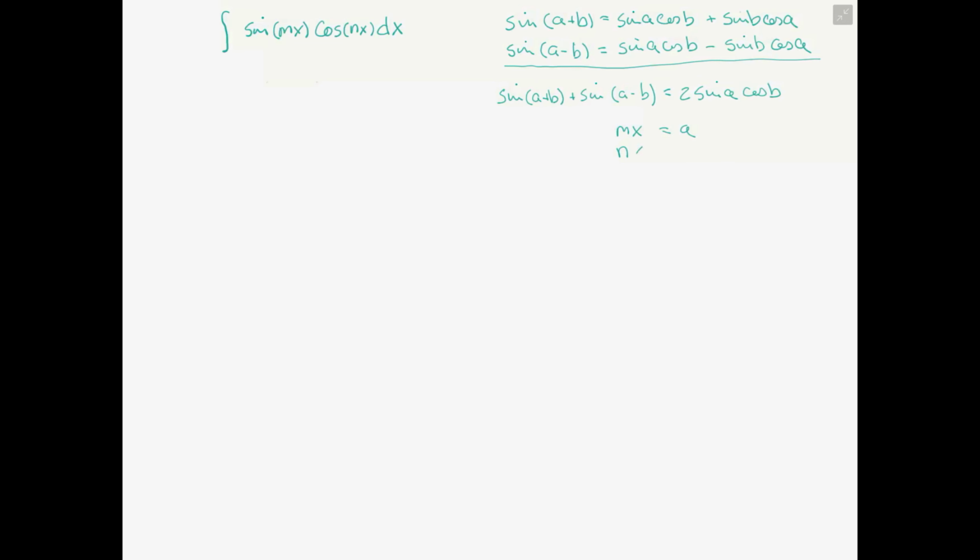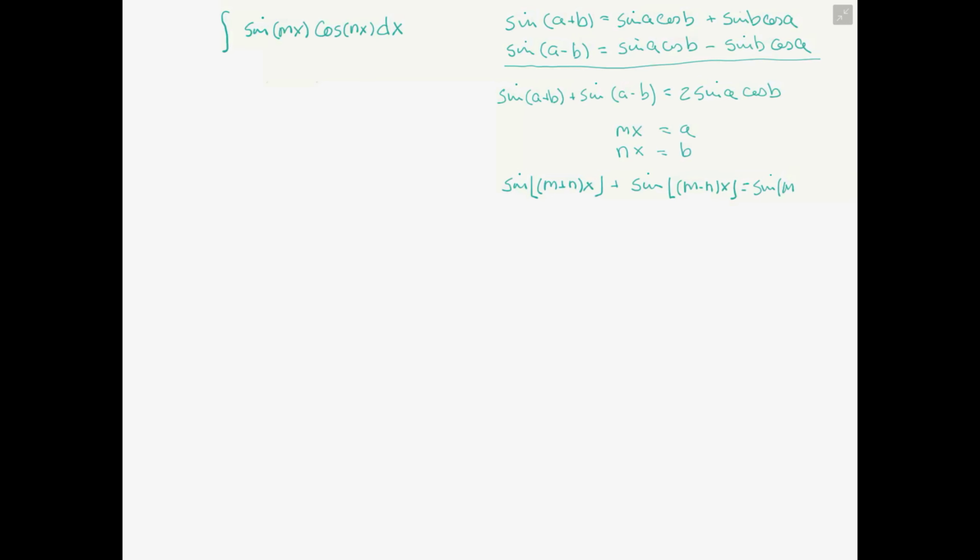And we're going to say that mx equals a and nx equals b. So here we have sine of (m plus n)x plus sine of (m minus n)x.